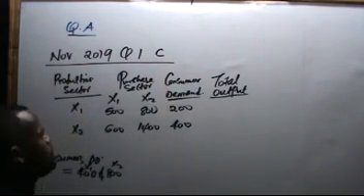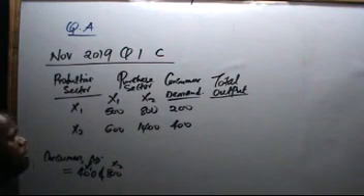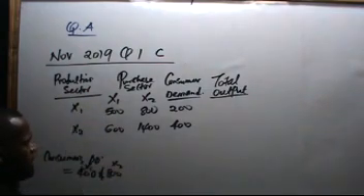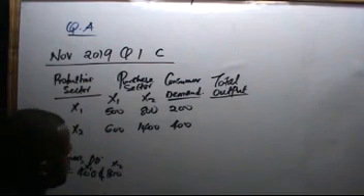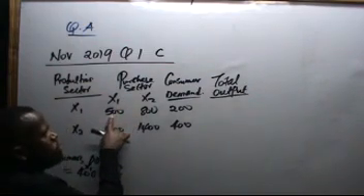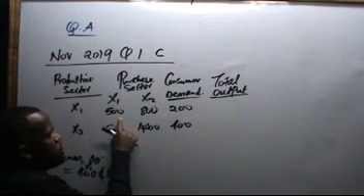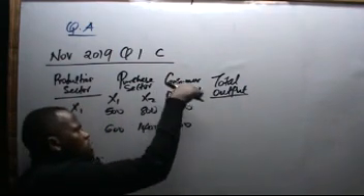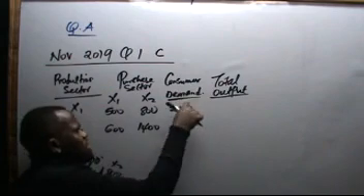Now, for X1, out of that production, 500 units were used by X1 itself, X2 used 800, and the final consumers' demand is 200.